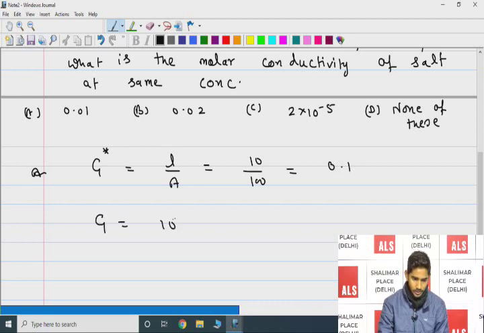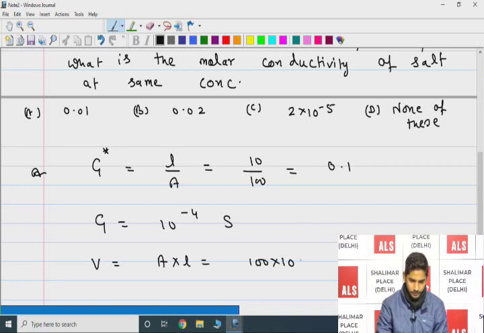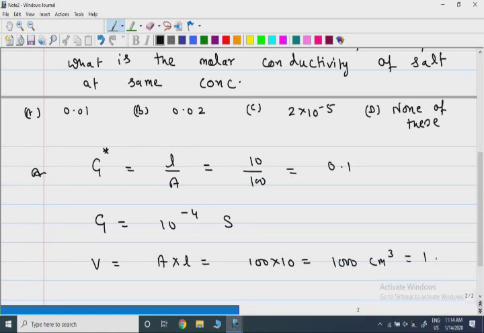G is given to us as 10 to the power minus 4 Siemens, or we can say ohm inverse. We can calculate the volume. It is nothing but the area into length. So this is 100 into 10, which is 1000 centimeter cube, which is nothing but 1 liter.